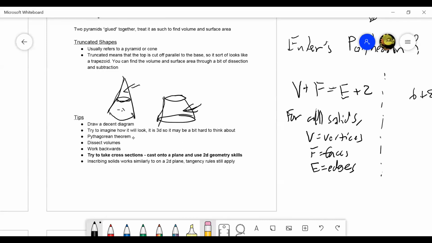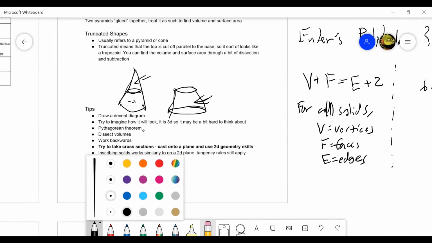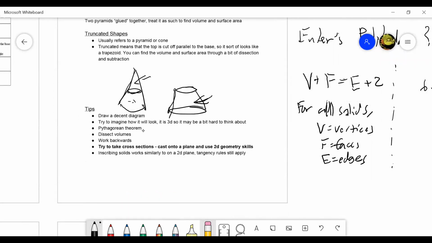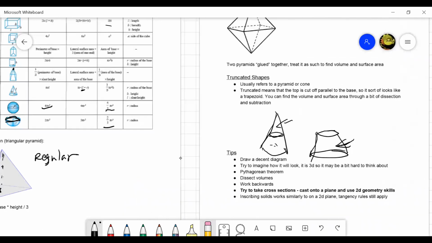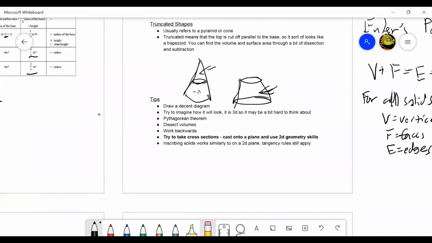All right. Again, the Pythagorean theorem is very useful because a lot of times the figures you'll see will be right figures, as in something is going to be perpendicular to their base, and it's going to be pretty obvious when you see it.